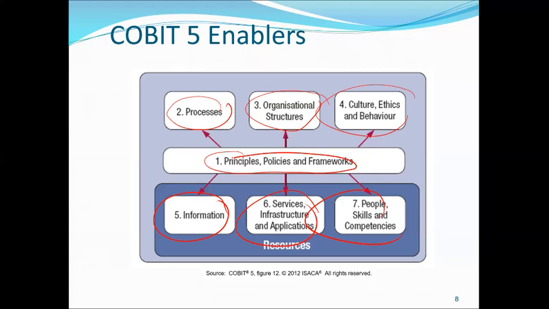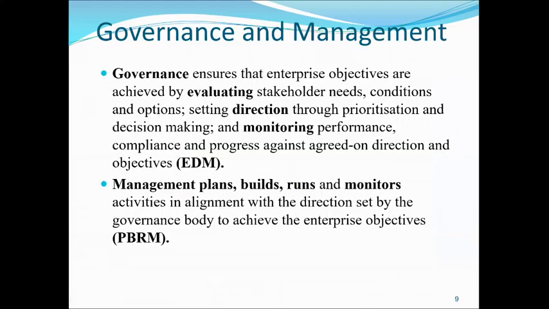So if people have competency, it enables the COBIT 5 implementation faster. So let's look at a little bit of it before we again start discussing COBIT 5 governance and management.